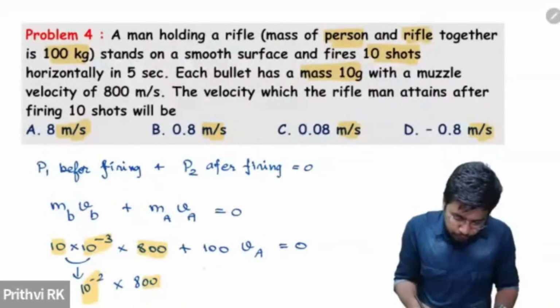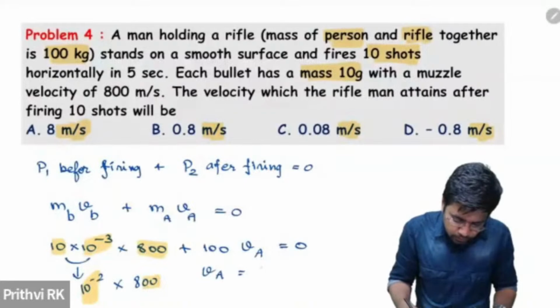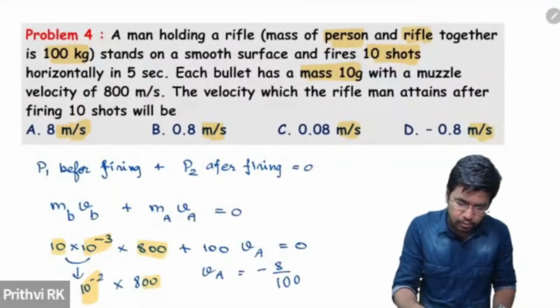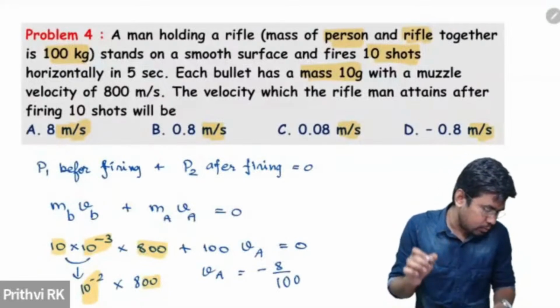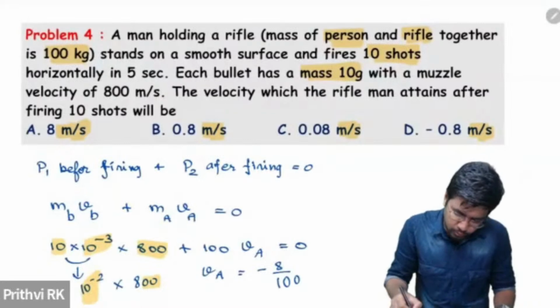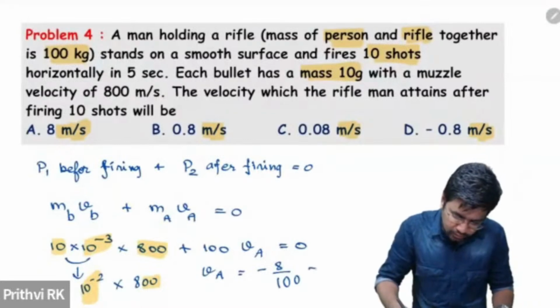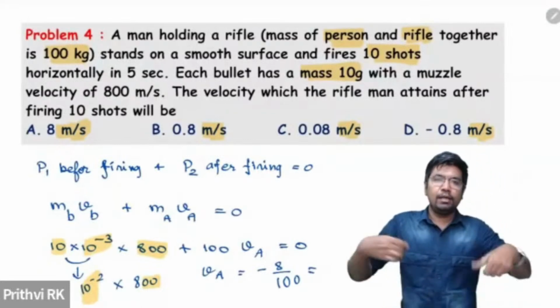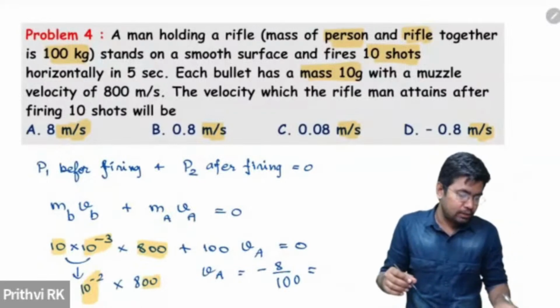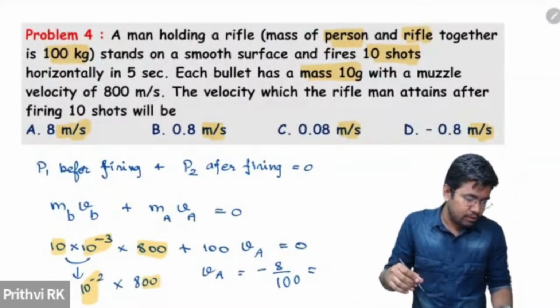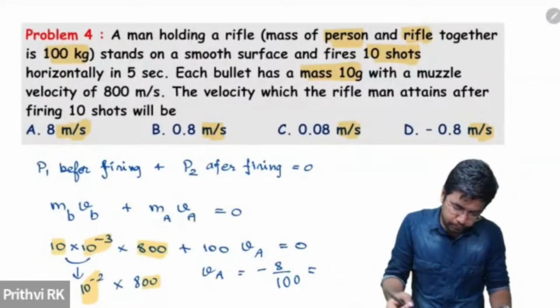So VA is equal to minus 8 divided by 100. Just one small thing, we have to just divide this. So minus 8, if you divide it by 100, what is the answer you get here?